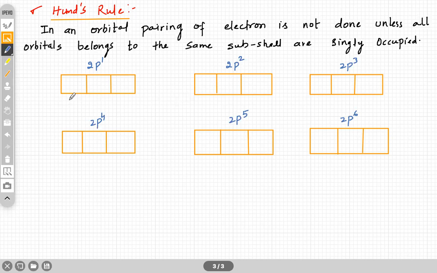And these are the three orbitals belonging to the subshell p, that is px, py, pz. Here also we have px, py, pz, and the same thing here for the other three.